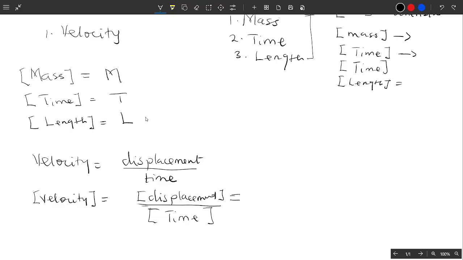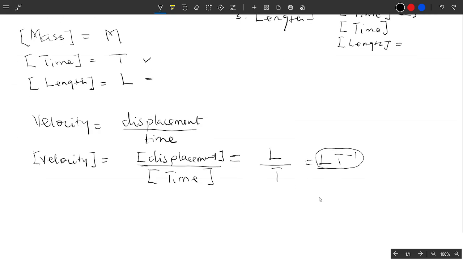So from here, we are going to use capital L to represent our displacement. So L divided by time, from the fundamentals, we have capital T. And we know that this can also be written as LT exponent negative 1. So this is an inverse here, right? So the dimension of velocity is capital LT exponent negative 1. This is the dimension of velocity.